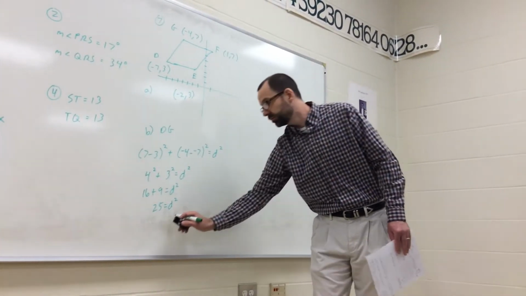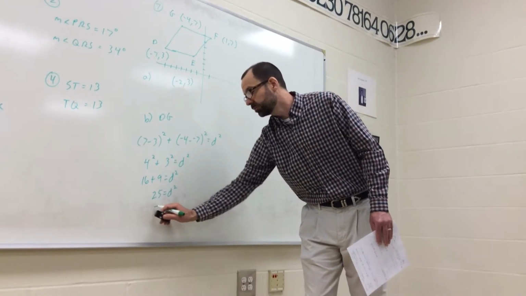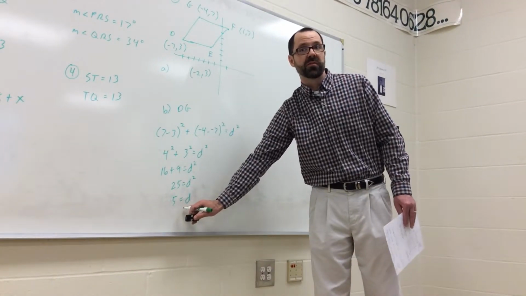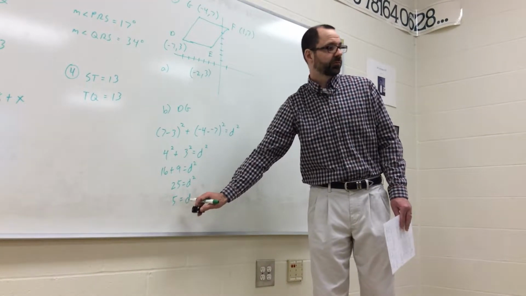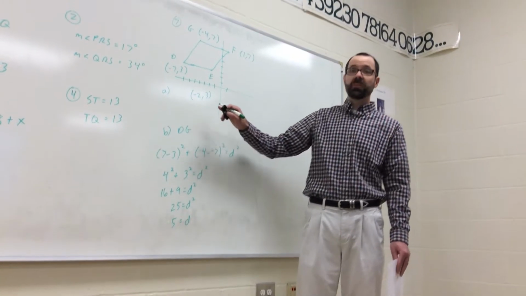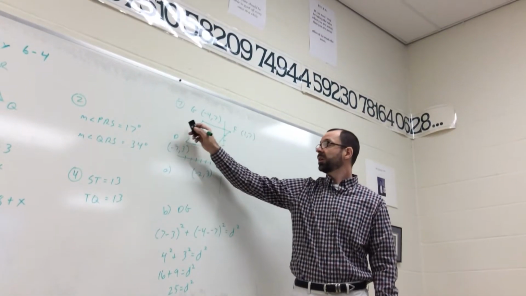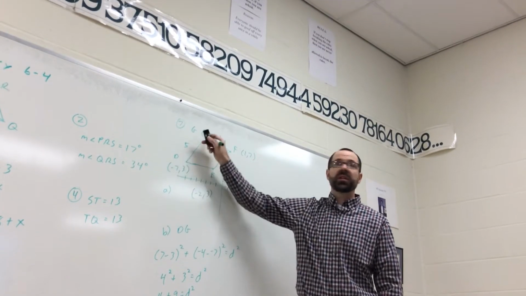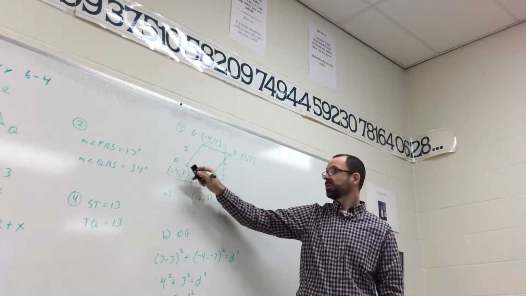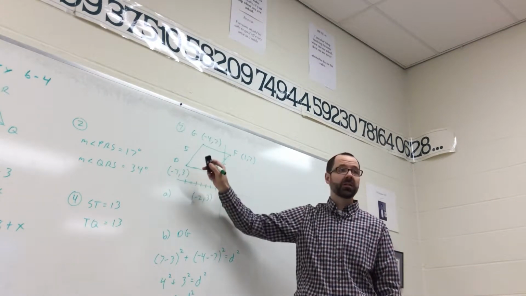Take the square root. So distance comes out to 5. So if I were going to measure this with a ruler, it would be 5 centimeters. The distance from there to there.